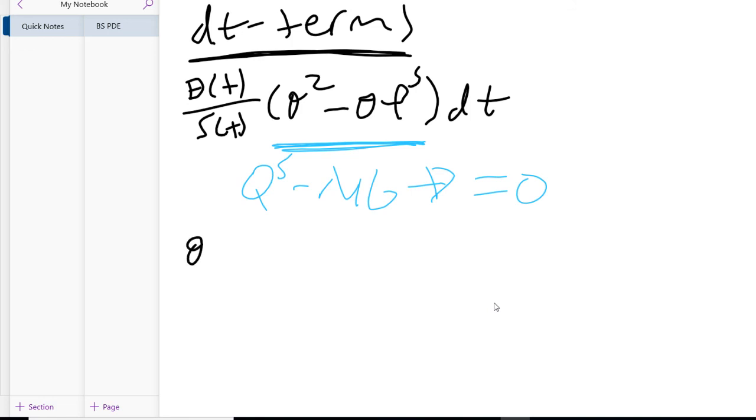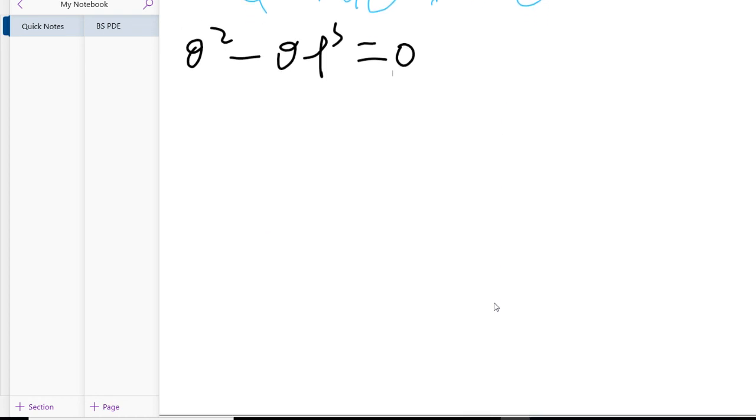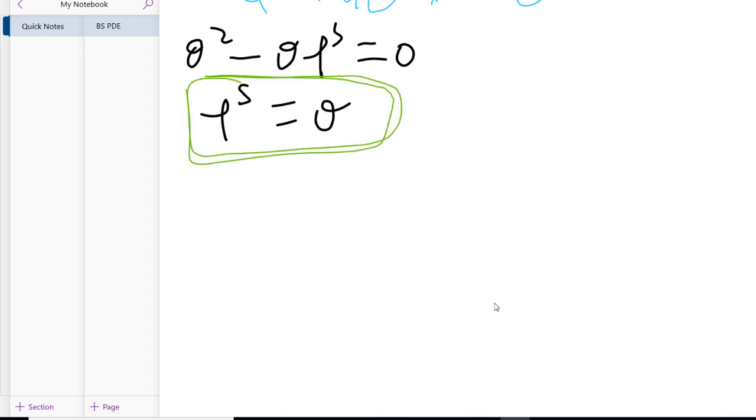So setting sigma squared minus sigma phi to 0 and solving for that phi S, you're going to be led to phi S equals sigma. So this is the QS kernel.